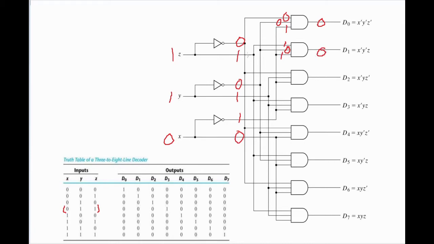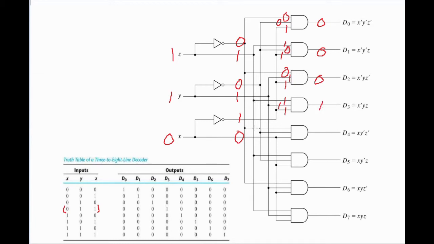This is 0. The second one is 1, and the third one is 1. We'll get 0 also. Over here we have 1, and the second one is 1 also, and the third one is 1. So we'll get 1.